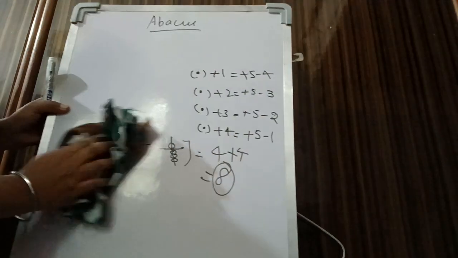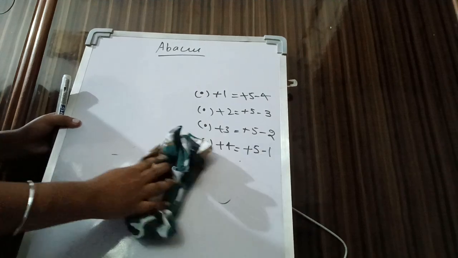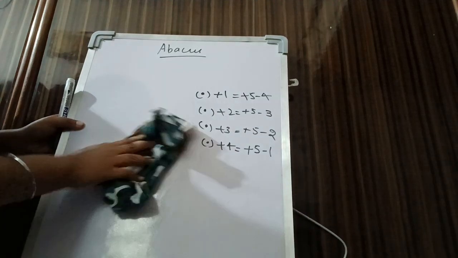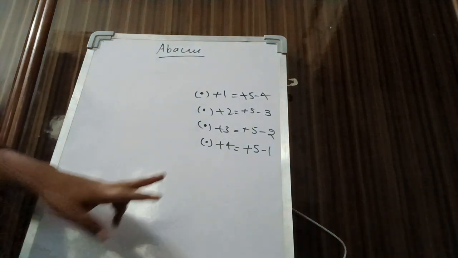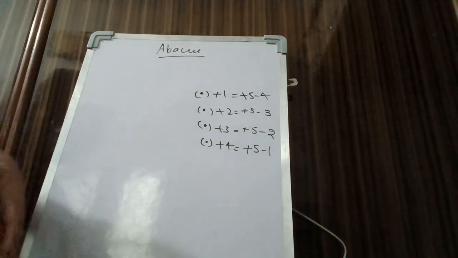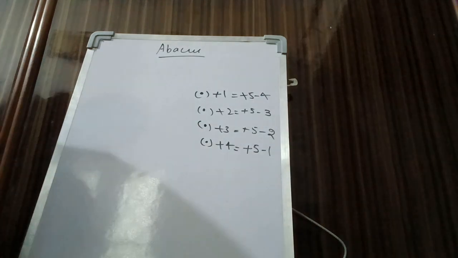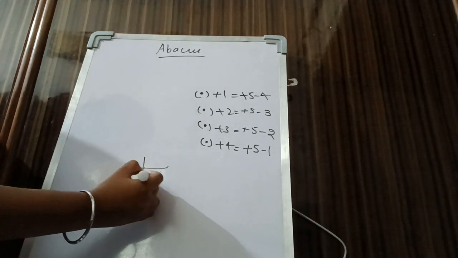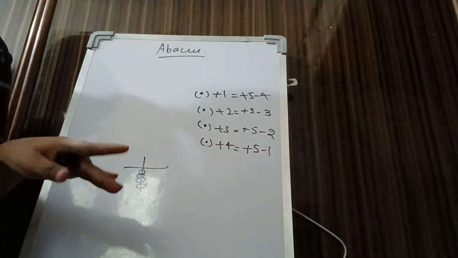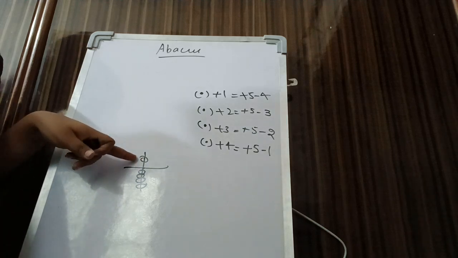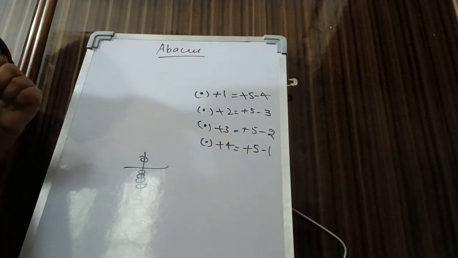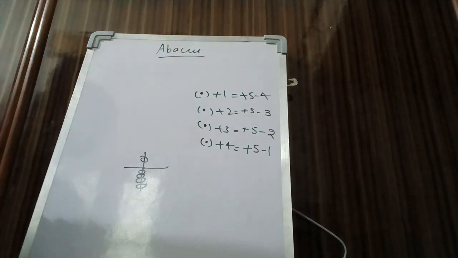Okay, so that's it. And next we have the last for the ones digit, that is plus 5. Now you know plus 5 is normal. When you have added 4 beads, you need to add 5. How can you do that? 1, 2, 3, 4, and here is 5 at the top. But we have not slid it down to the bottom right now.